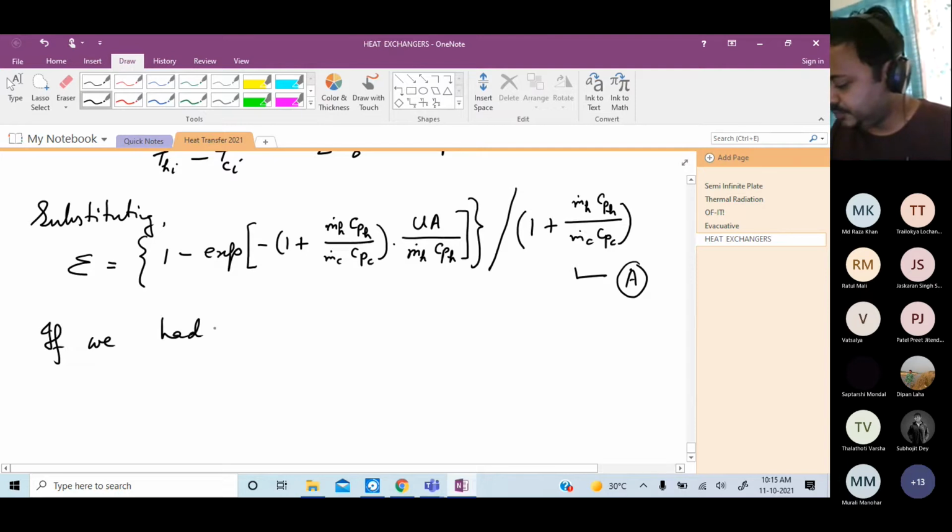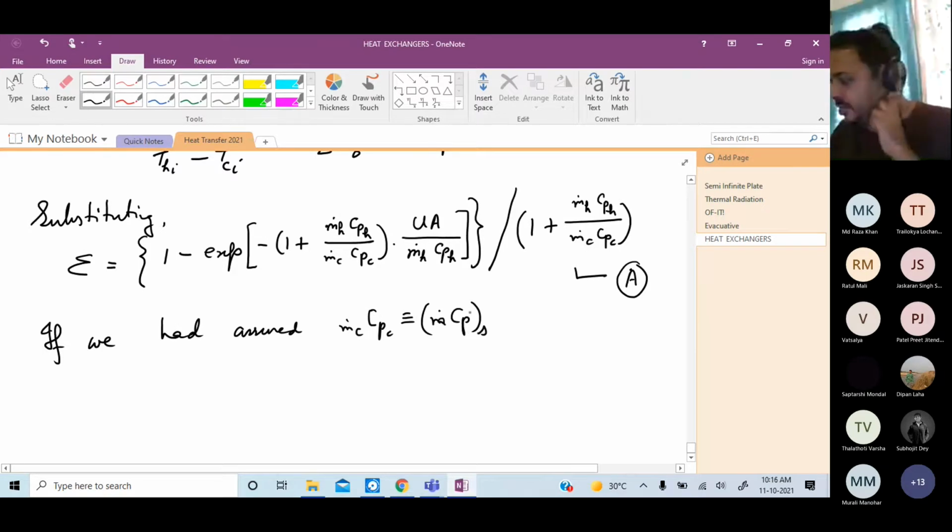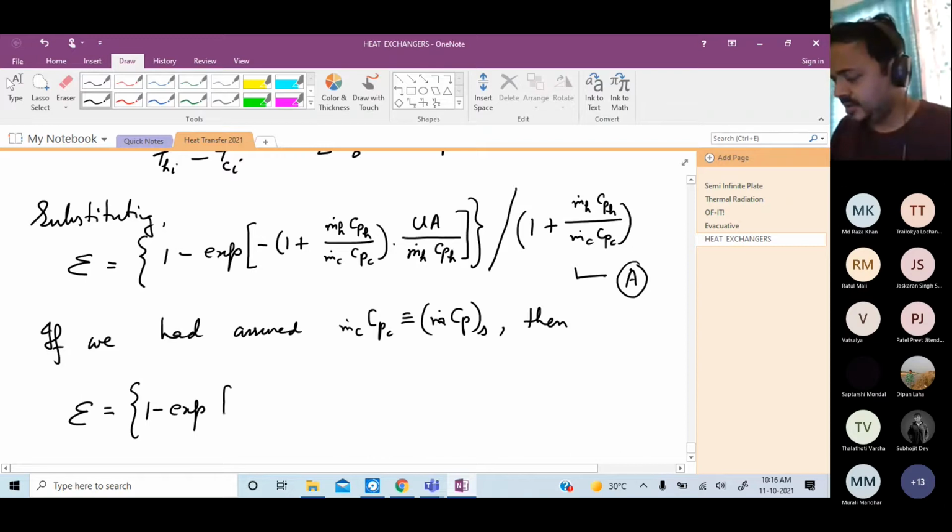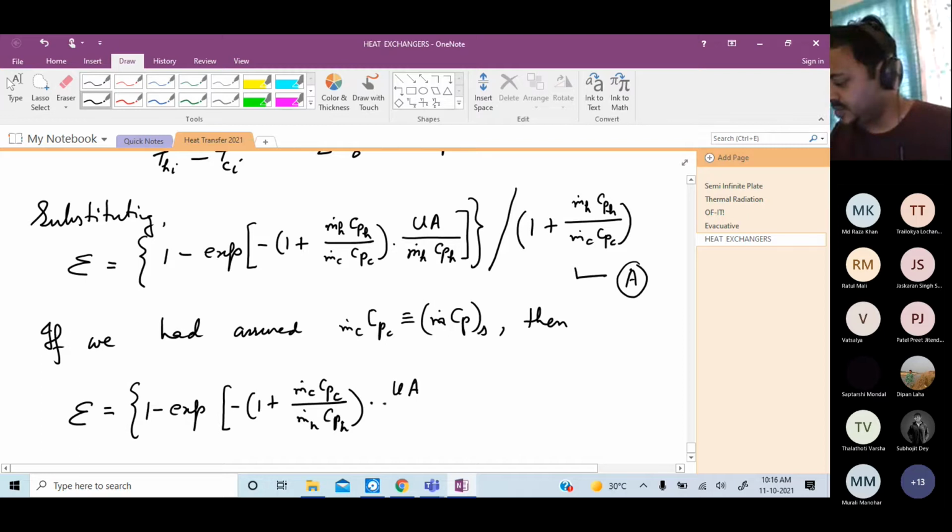If we had assumed m dot c CPC to be the lower one, then we would have got this: 1 minus exponential minus 1 plus m dot c CPC divided by m dot h CPH times UA, exactly symmetrical.